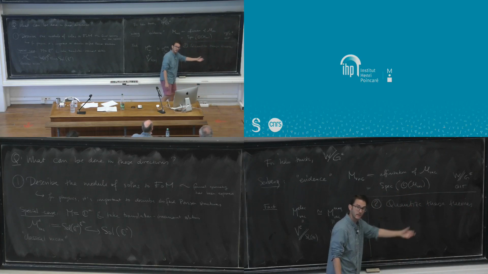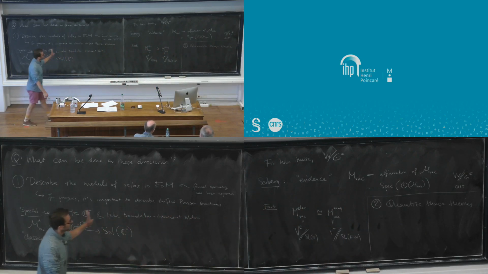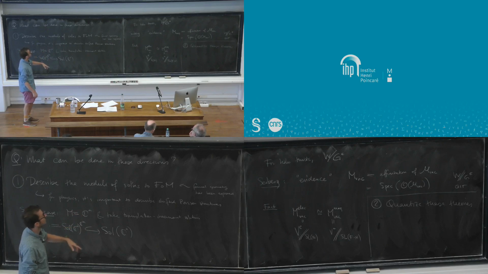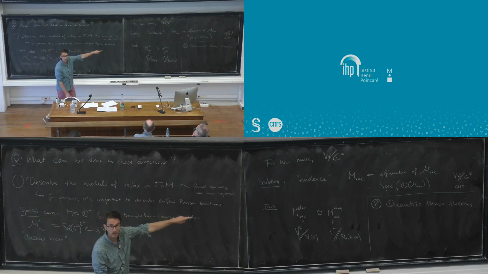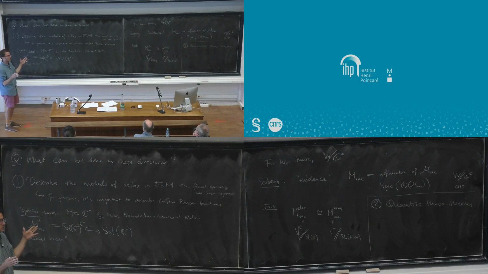For me, that's BV quantization. And over the moduli stack of vacua, we've been able to construct BV quantizations of these theories. Each point on the moduli of vacua gives you some perturbative holomorphic field theory, and you can quantize these and glue them together.